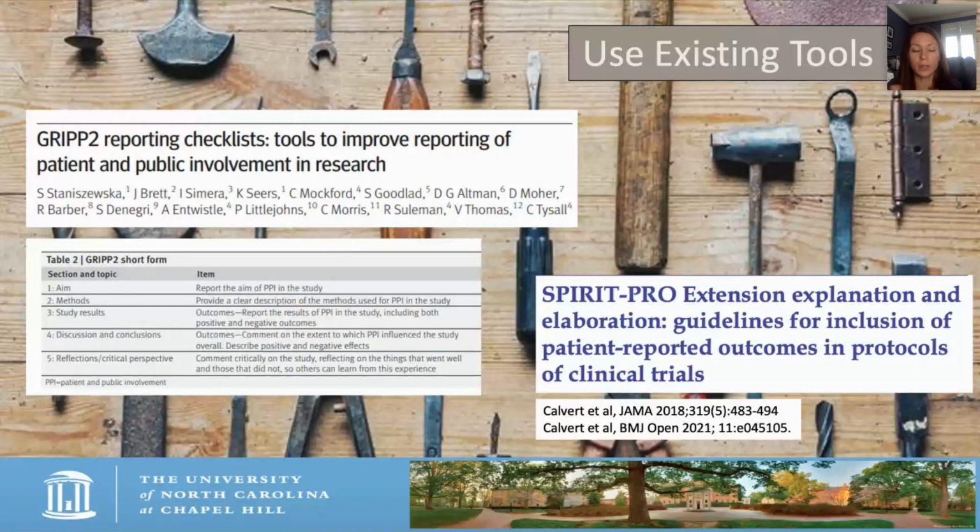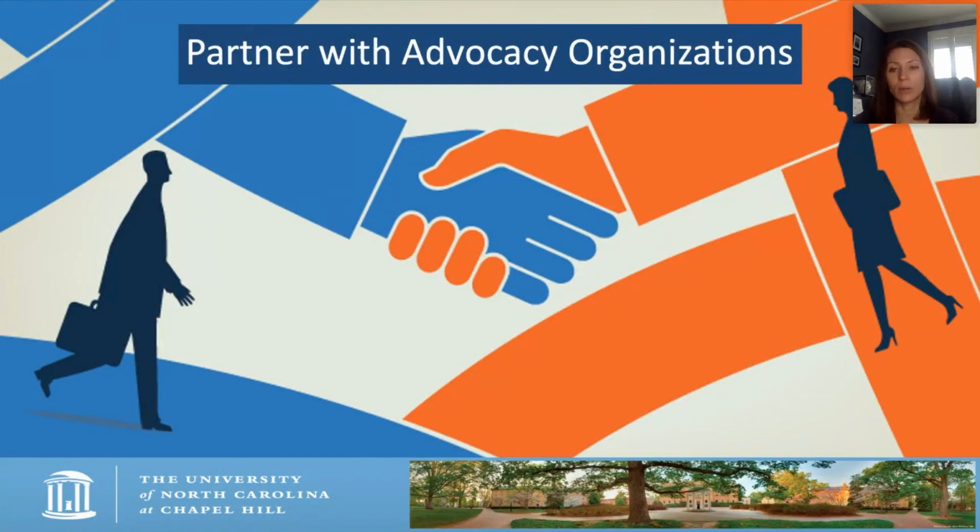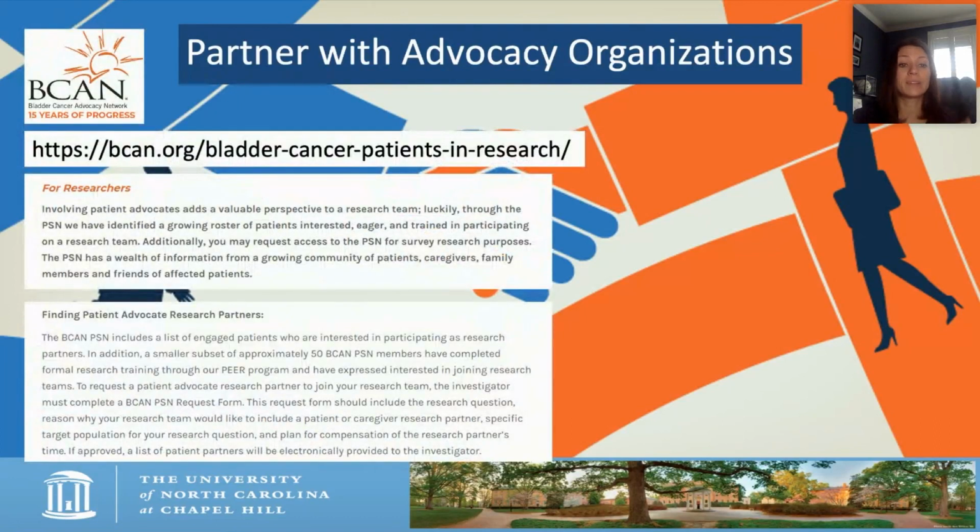If you don't know where to begin, partner with an advocacy organization and find out what that means in your area. For me, you saw it was Bladder Cancer Advocacy Network. And since then, I've been continuing to work with them. We've created a website for patients and for researchers who are trying to find patient advocates, so that we can build that partnership so that anyone can do that, right?